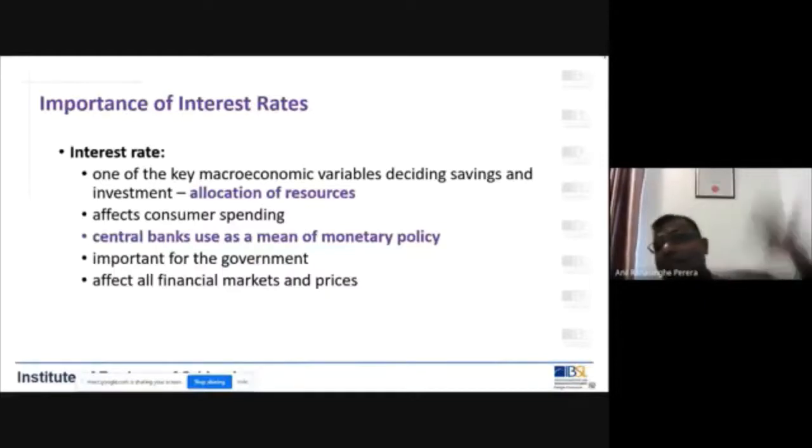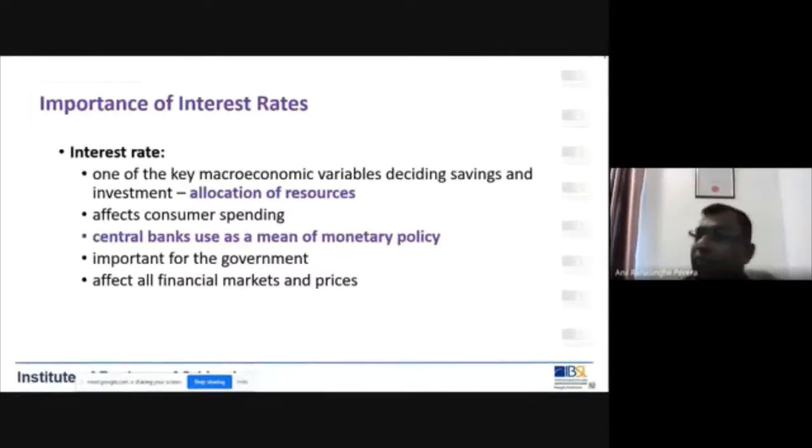When interest rates are very high, some people may not invest. When rates are high, some people might save. So these macro variables are affected by interest rates. Then again, it affects consumer spending. When people observe low interest rates, they would like to spend more. When people observe high interest rates, they would like to postpone consumption and invest or save. So in that case also, interest rate is very important.